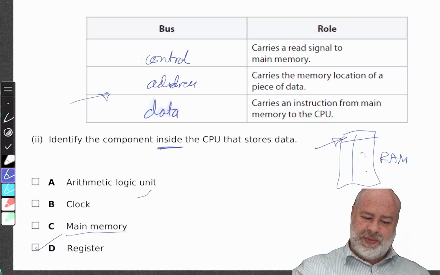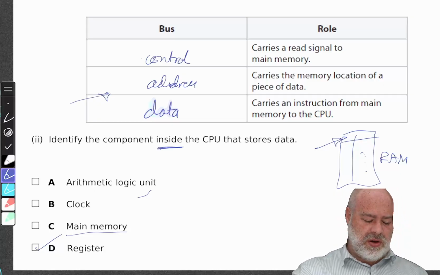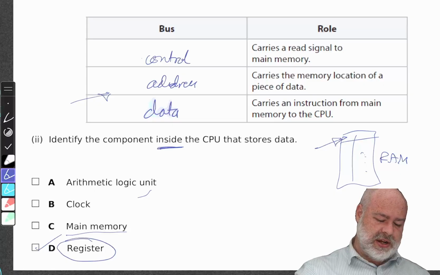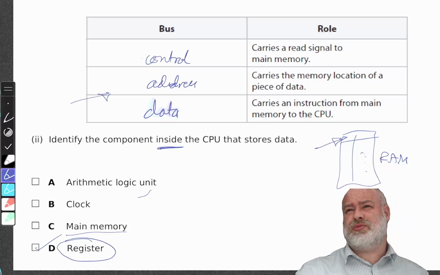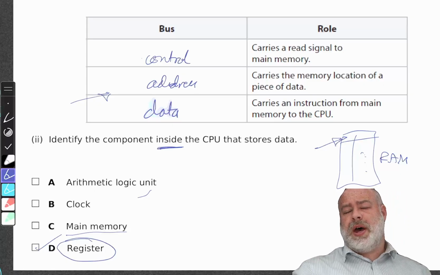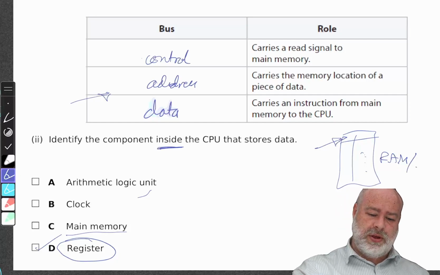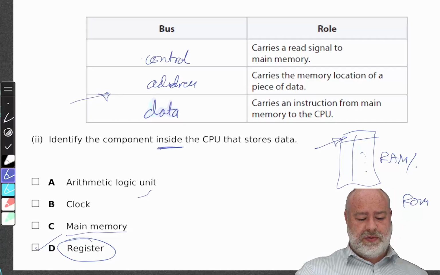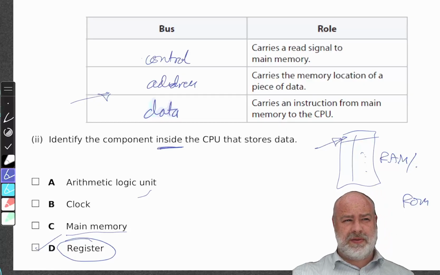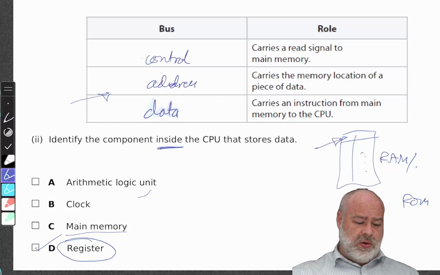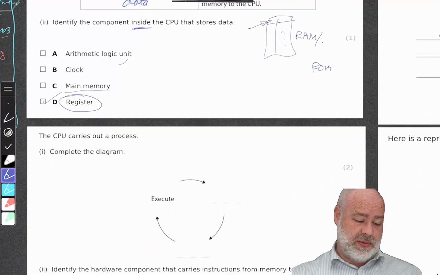In fact, it sort of does store data in a way, but it does not. What they're getting at is registers are the fastest acting primary data medium. You've got RAM, you've got ROM, and even faster than that and lower level is our registers. They're inside the CPU, super fast acting bits of storage which hold data for a very short amount of time. So registers the only answer really there that we could possibly have.